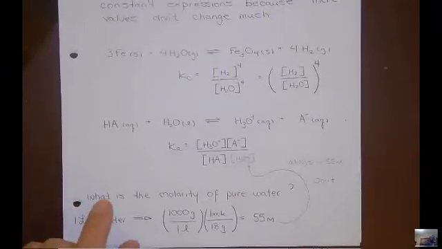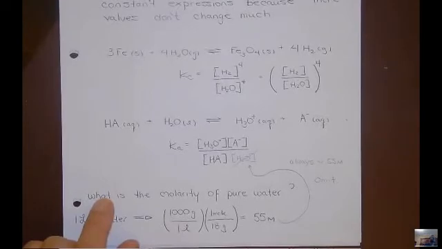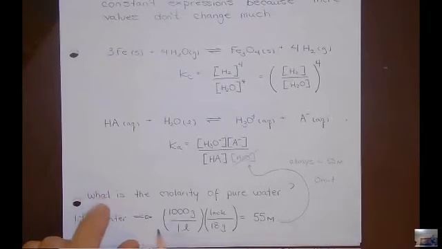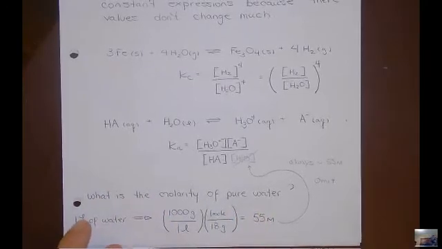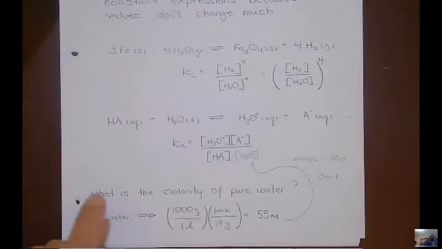If I calculate how much water is in pure water, it's an incredibly large number. So let's do that calculation. What is the molarity of pure water? Well, molarity means moles of solute, moles of whatever it is that you're interested in, per liter of solution. So let's assume we have 1 liter of water and ask ourselves how many moles are in 1 liter of pure liquid water.